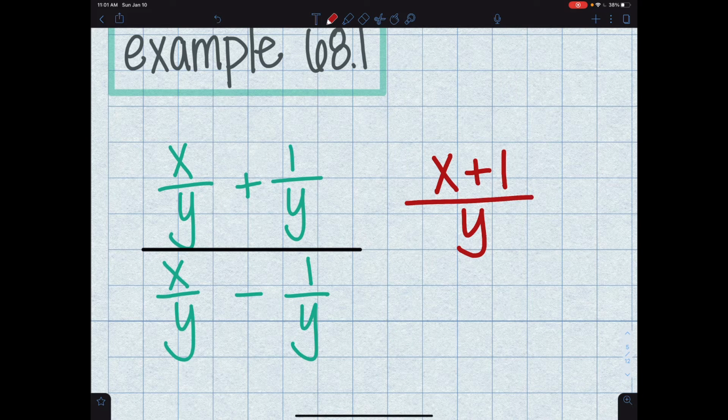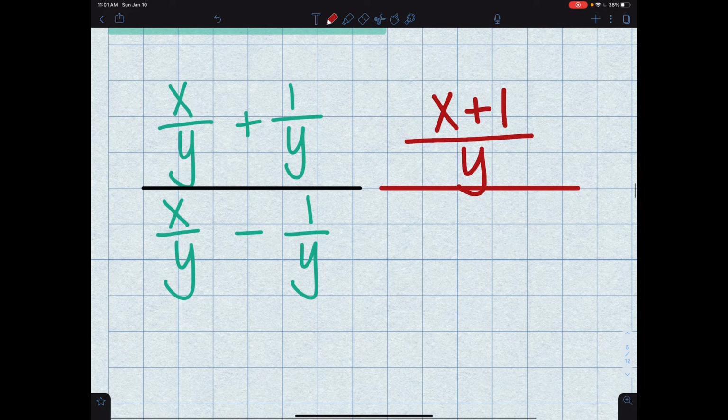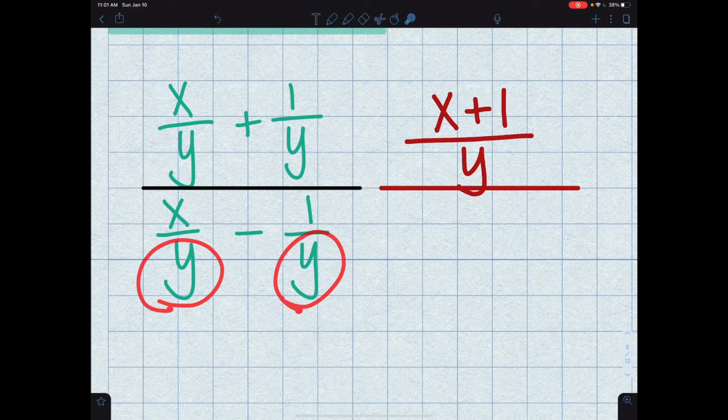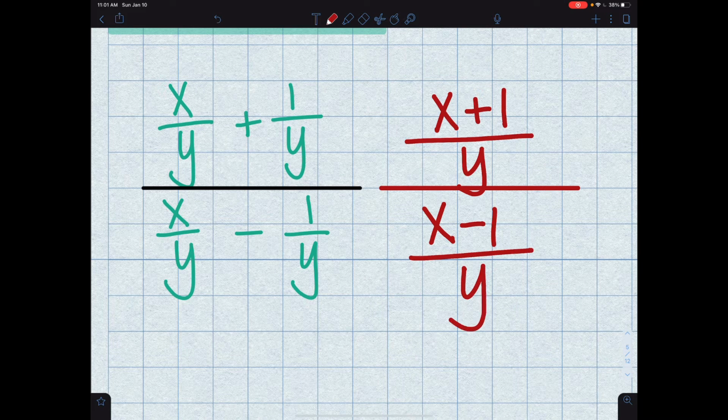So that's pretty straightforward. Now, what about the bottom? Oh, actually, the bottom's going to be easy too, because they have common denominators too. They made this one easy for us, of course, because it's the first example. So we have a common denominator of y, a common denominator of y. So we're going to do x minus 1 on the top, and then y on the bottom.